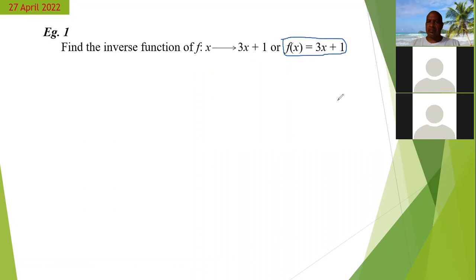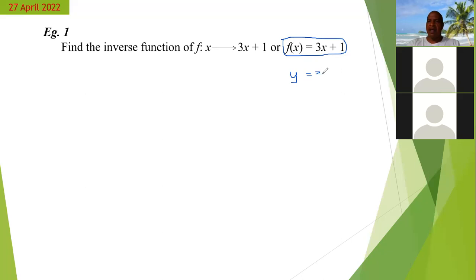Sir, first step we have f(x) equal to 3x plus 1, and then instead of using f(x), you use y equal to 3x plus 1. Well, the first step is just to replace the f(x) with y. That's the first step.